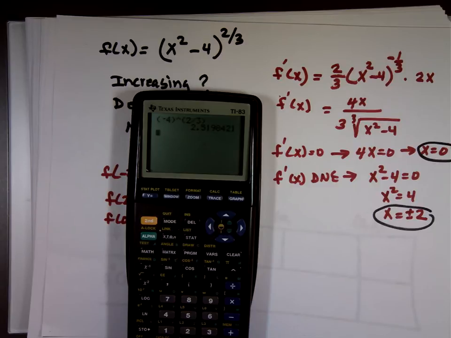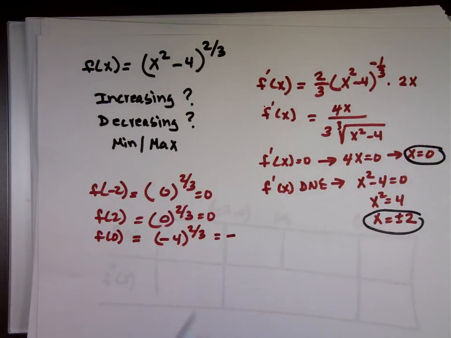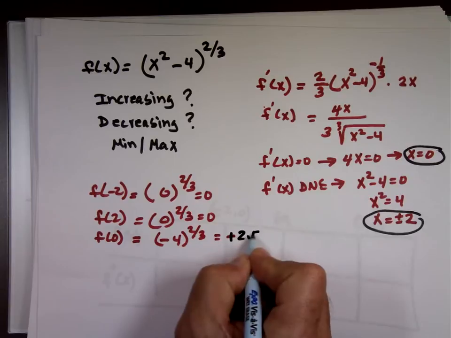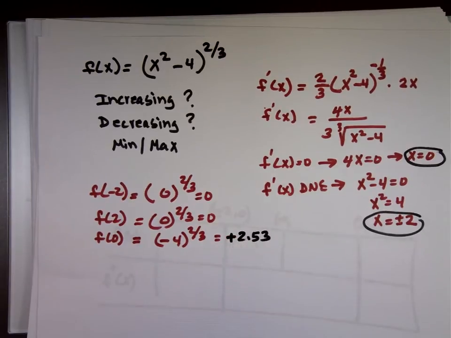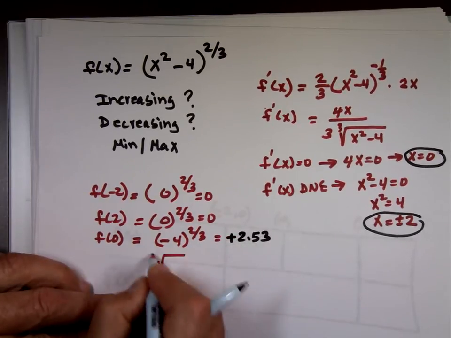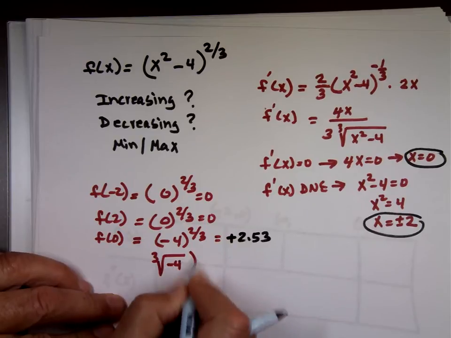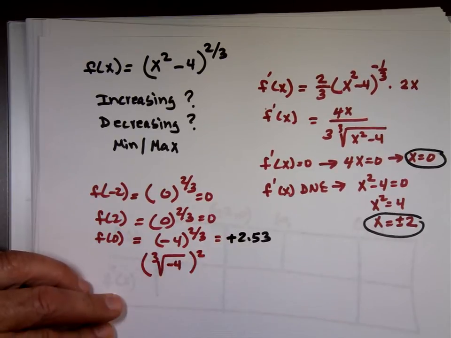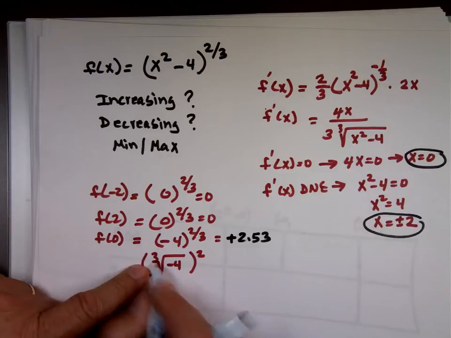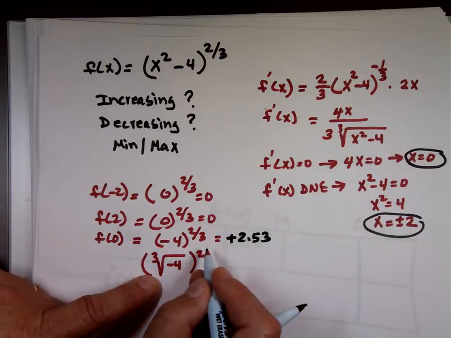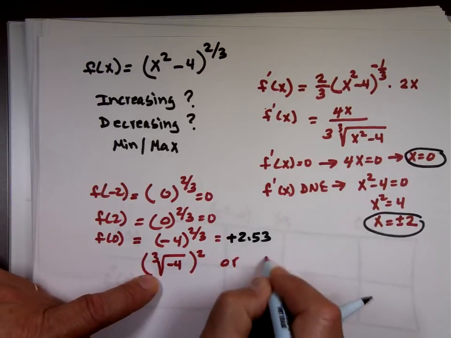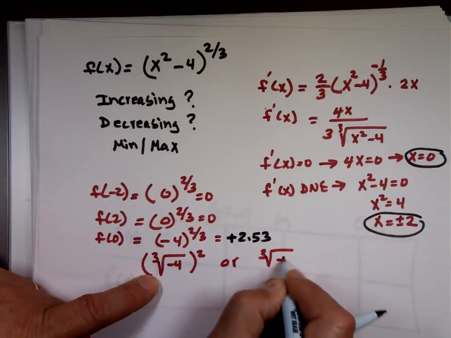Why does that not come out negative? Because when you look at it, it means the cube root of negative 4, and you're going to square it. That's what it means. So when you take the cube root of negative 4, it is a negative number, you square it, that's a positive. Or it's actually the cube root of negative 4 squared on the inside first.